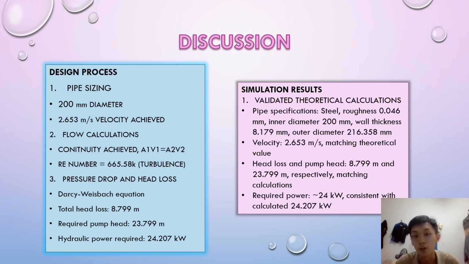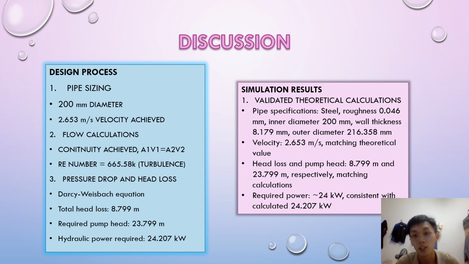Okay, so first of all, for the pipe specifications, we decided to use steel pipe, which has a lot of advantages. First is corrosion resistance, and it has a smooth surface, which can reduce the friction loss. The roughness is 0.046 mm, the inner diameter is 200 mm, the wall thickness is 8.179 mm, and the outer diameter is 216 mm.